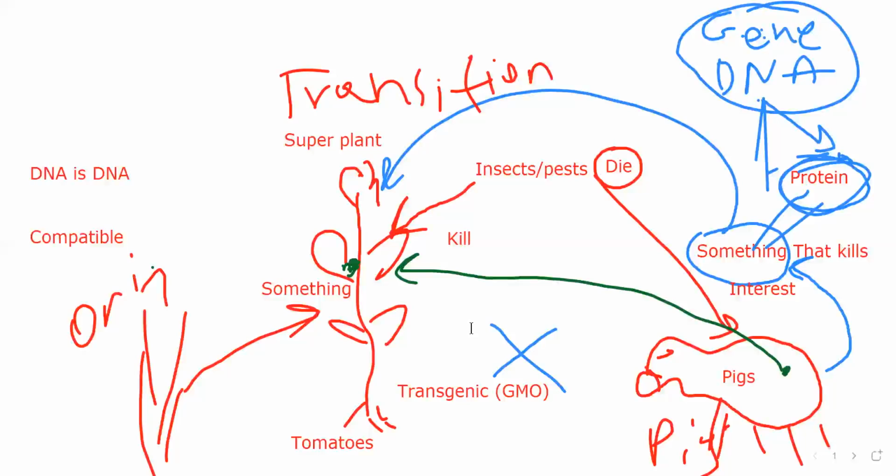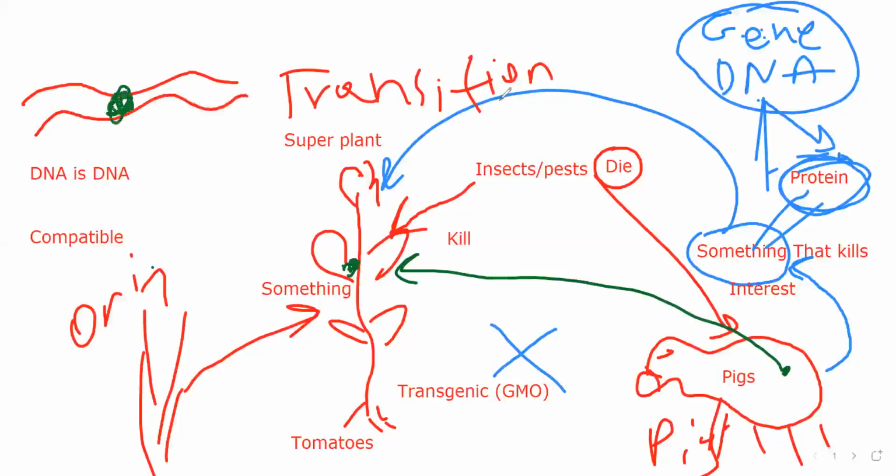What did we do here? We identified the gene. The gene is just a short section of DNA. Let's say this is DNA here. Only part of that DNA, a short section here, could be the gene.